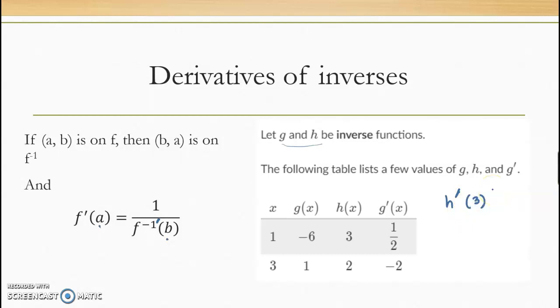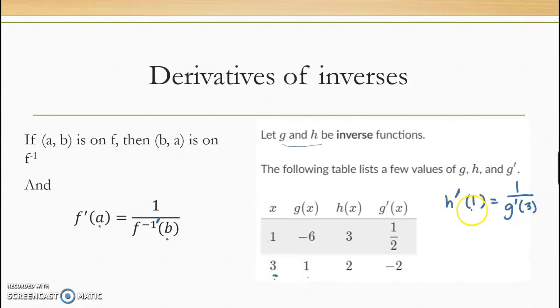So h prime of 3, the x coordinate on h is 3. Actually, I'd be trying to find h prime of 1, sorry. If I'm trying to find h prime of 1, I know that that's going to be 1 over g prime of 3, because 3 comma 1 is on g, so that means that 1 comma 3 is on h, and that means that those are reciprocals of each other at that point.